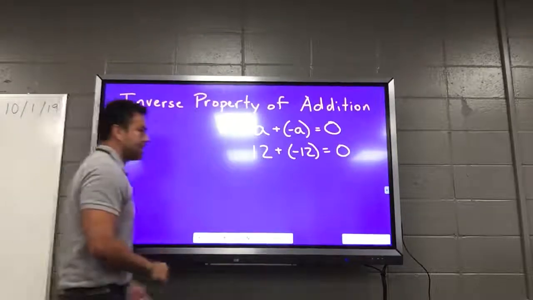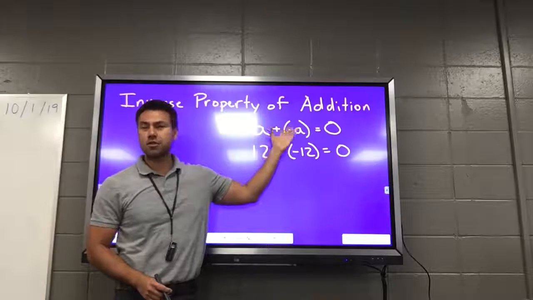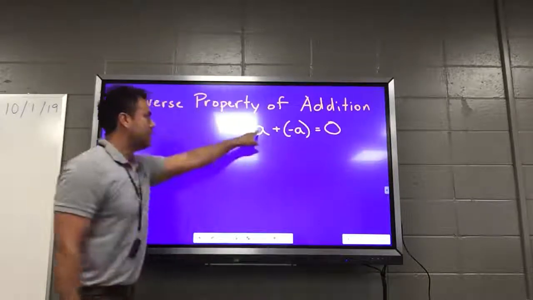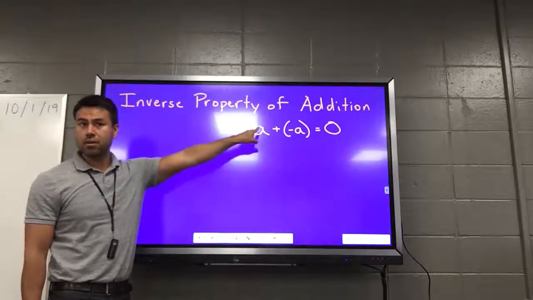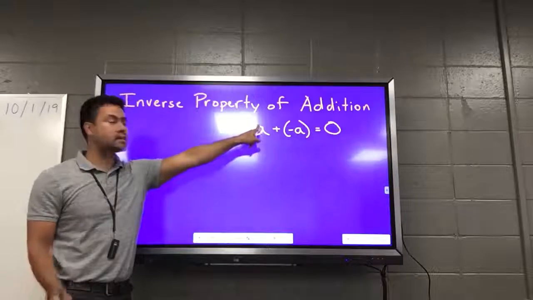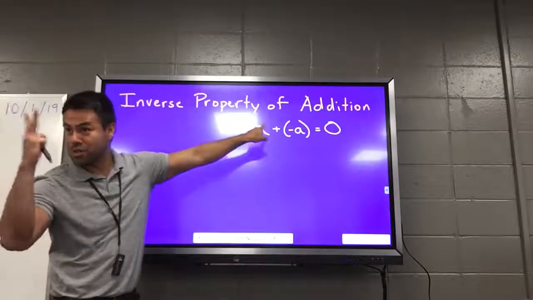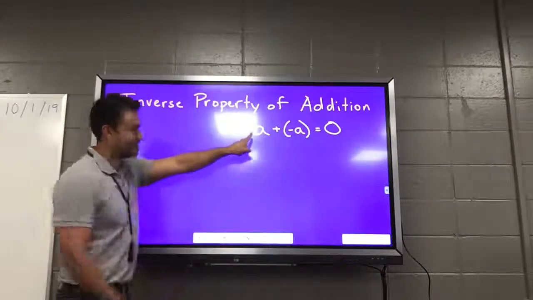Okay, guys. I want to kind of clarify something because a lot of people get this confused. Don't erase this like I did. But A does not have to be a positive number. It could be a negative number and it still fits. So CT, give me a negative 2-digit number. Negative 99.